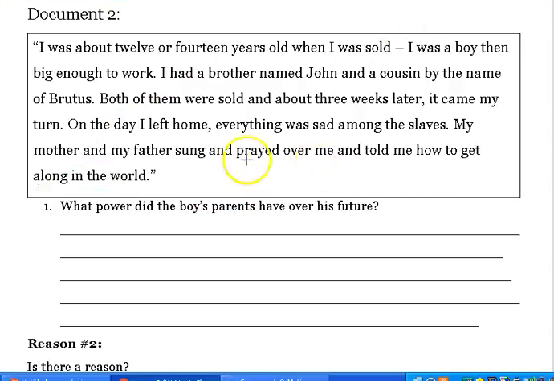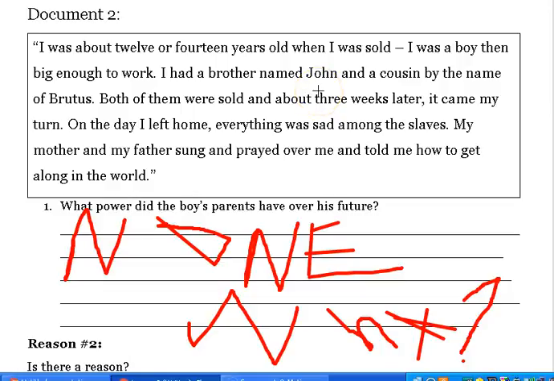Write that down and I'll tell you the answer. None! But why? Answer that. And then let's keep rolling.